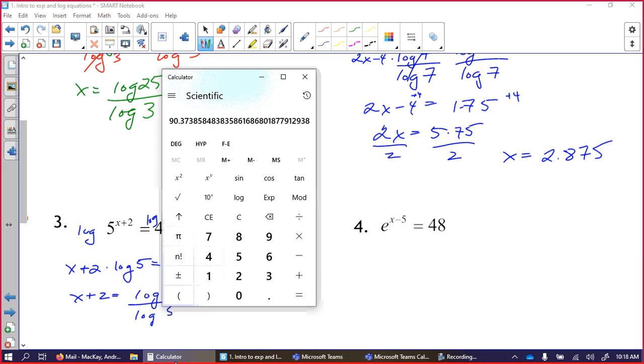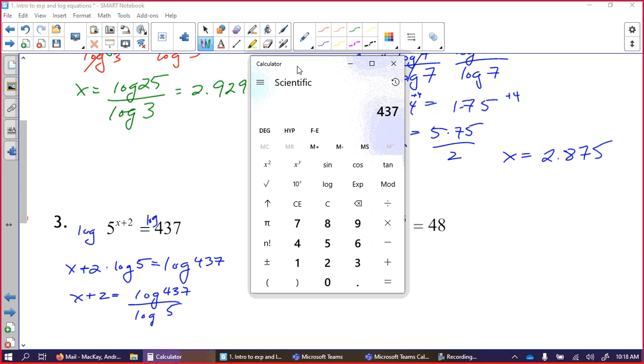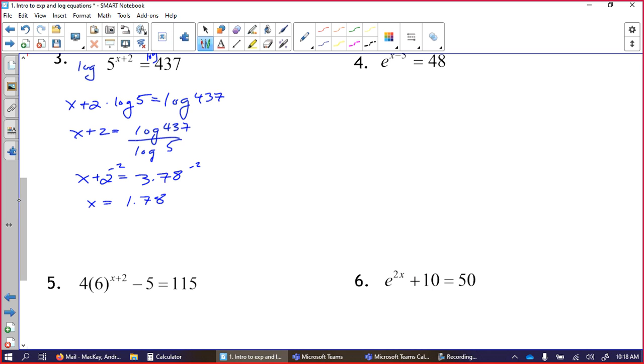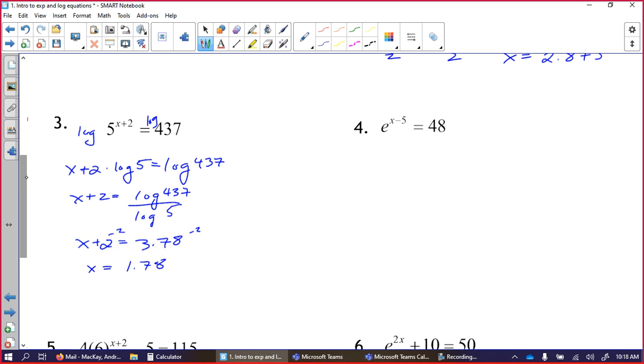Pull out our handy dandy calculator. 437 divided by 5 is 3.777. Minus 2, 1.78. Like all of the rest of these are just kind of little variations on a theme.